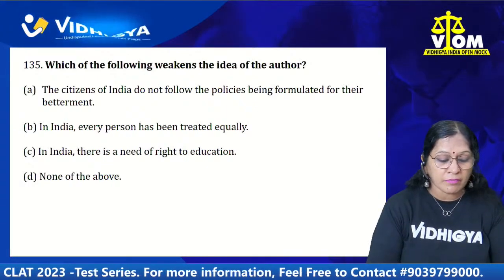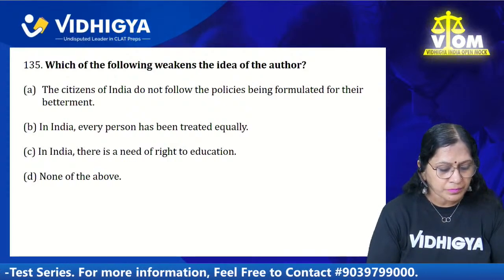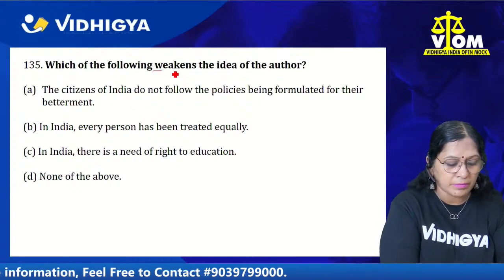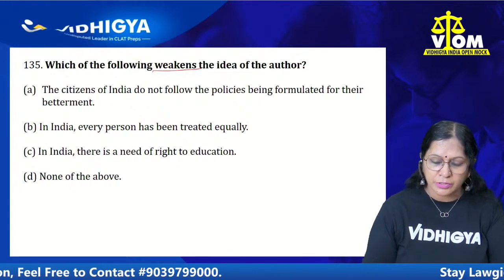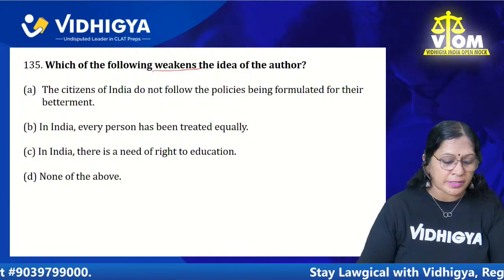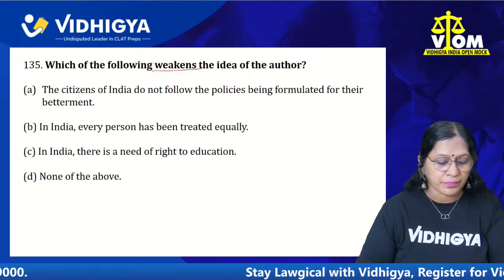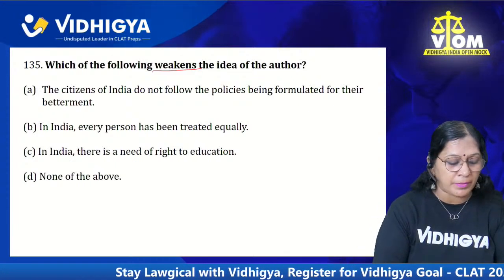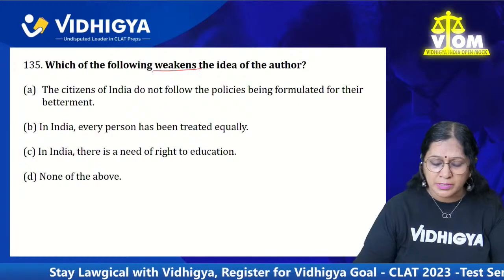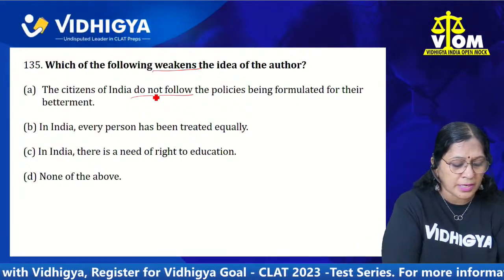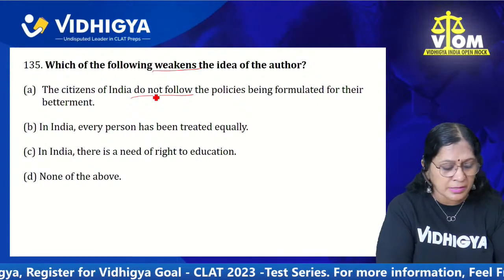So which of the following weakens the idea of the author? You need something that is weakening, and this is your last question. So citizens of India do not follow the policies being formulated for their betterment, or do they follow the policies formulated for the betterment? Citizens would follow the policies, no? Why will they not follow? इसे underline करके इसे cross out कर लेते हैं, but let us read the others.